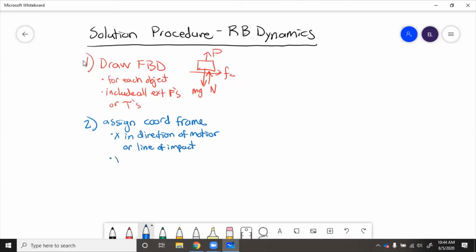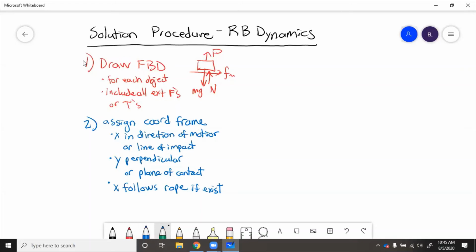And then Y goes perpendicular to it, or plane of contact. And always X follows the rope if there is a rope. So if you have blocks on a plane connected by a pulley, X follows the rope.